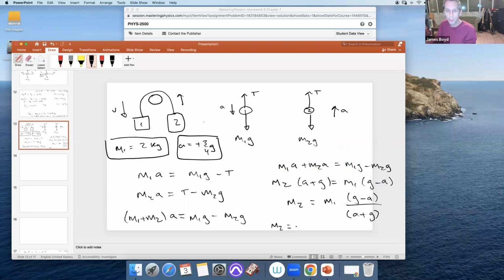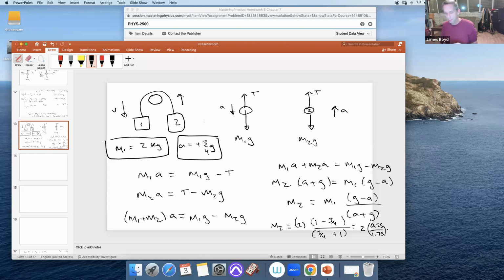So M2 is M1, which was 2 kilograms, times g minus 3/4 g over 3/4 g plus g. You can cancel g out by turning all the g's into 1s. So I get 1 minus 3/4 over 1 plus 3/4, which is the same thing as 2 times 0.25 over 1.75.